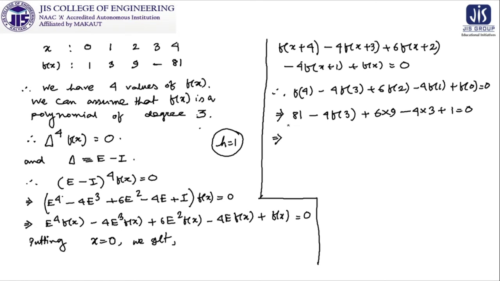So is it not very much clear to us that in this particular relationship only f(3) is not known to us? So if I simplify it, we will get 4 f(3) is equal to 124, and from this I will get f(3) is equal to 31, which was the missing value for our problem.